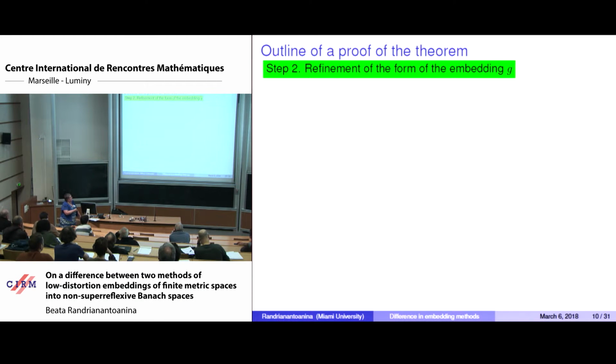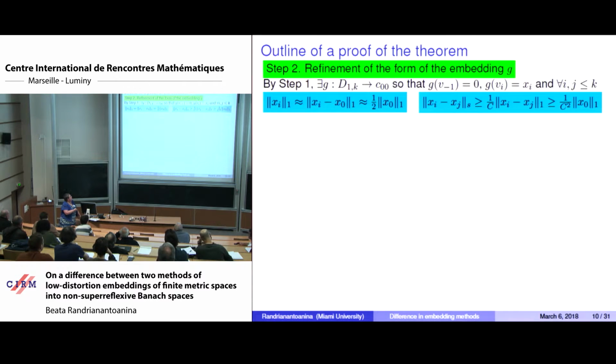So the second step is also very simple. So we have this embedding, which is already such that when I restrict my attention to a selected one diamond, then it is vertically faithful.